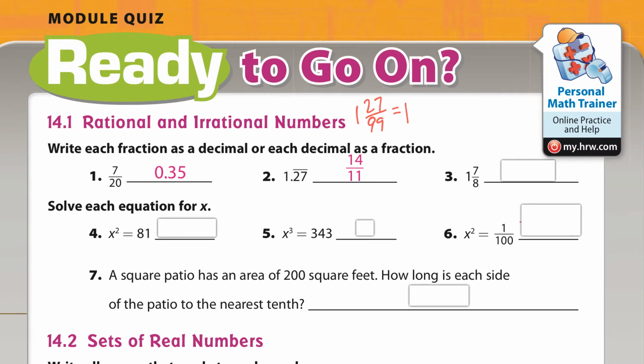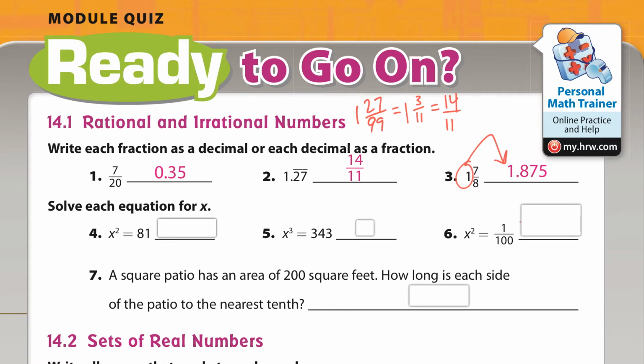If I divide them both by 9, that would be 1 and 3 over 11, and then as an improper fraction, 14 over 11. And then 1 and 7 eighths, the 1 goes right there, and then you divide the 7 eighths, which is 0.875.